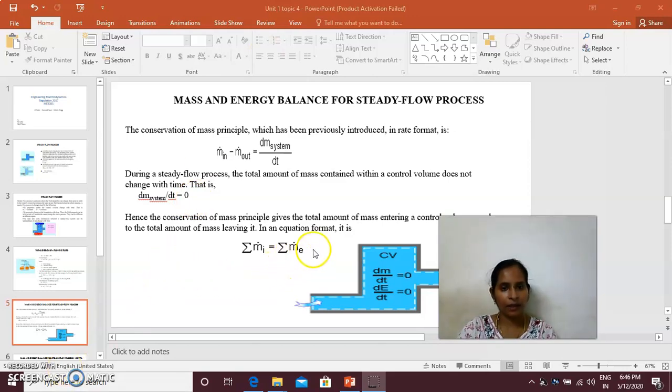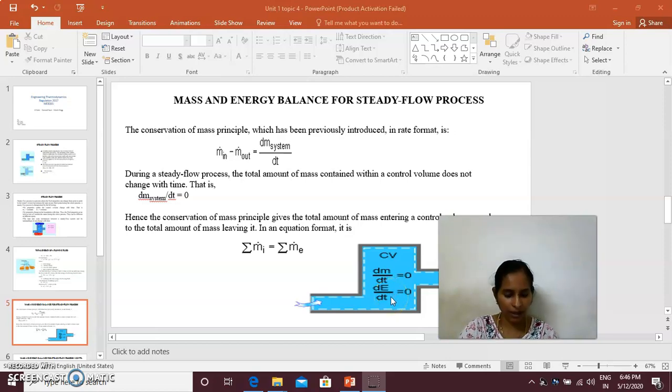Hence, this conservation of mass principle gives that dm by dt is equal to 0, and energy is also not changed with respect to time. Only by the various interactions and the substitution of energies from the substances, the energy can change, but it should not change with respect to time. So conservation of energy and mass, okay, is perfectly conformed in steady flow energy equation.